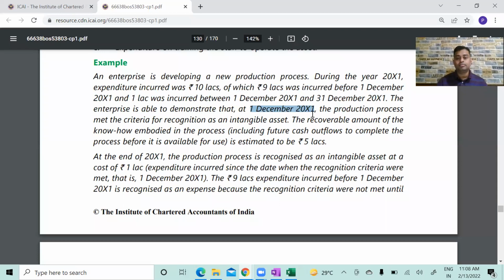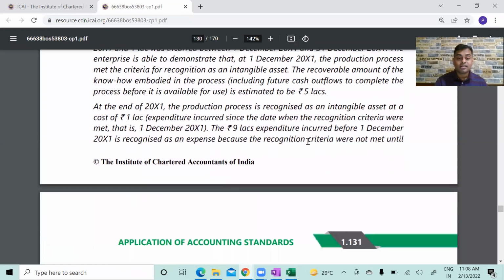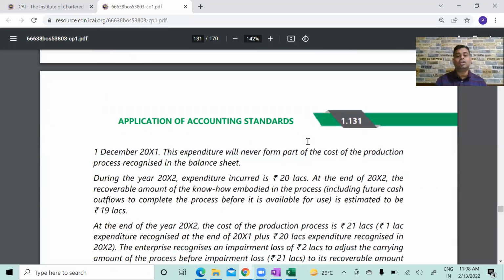P&L. The 1 lakh we can capitalize if conditions are met. They gave the future economic benefit estimated to be 5 lakhs, which means all the conditions are satisfied. So we can capitalize. How much? 1 lakh or 5 lakhs? 1 lakh, sir. Correct. That's all.